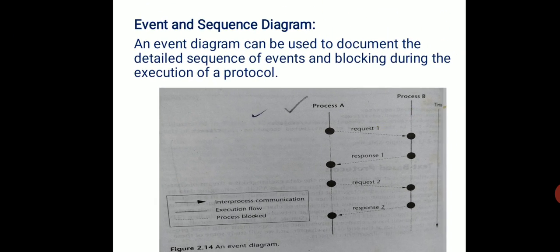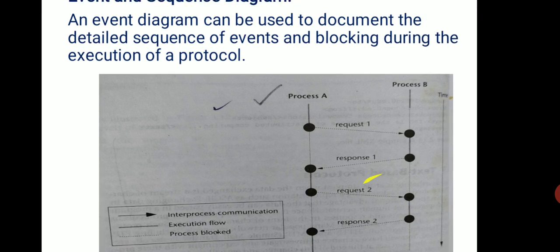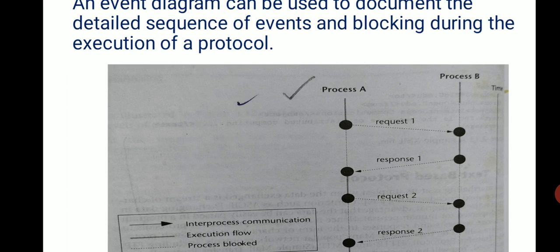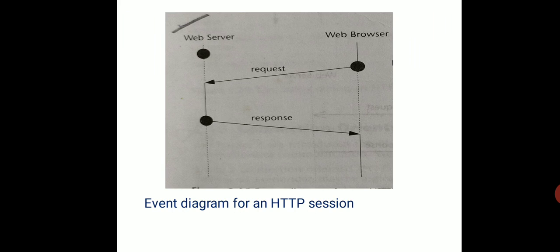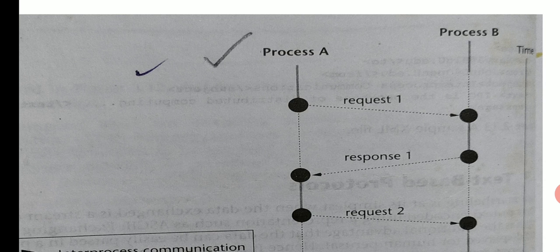See here in this case, process B issues a blocked receive operation in anticipation of request 1 from process A, and process A issues request 1 using a non-blocking send operation.